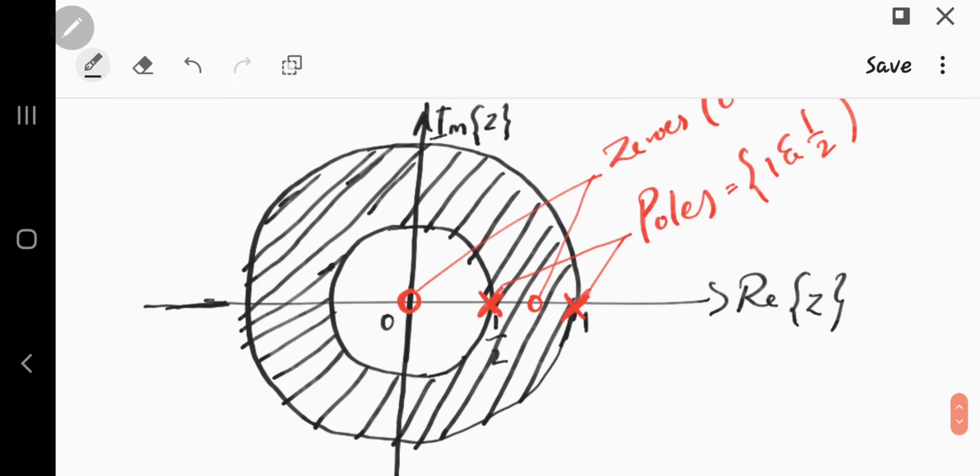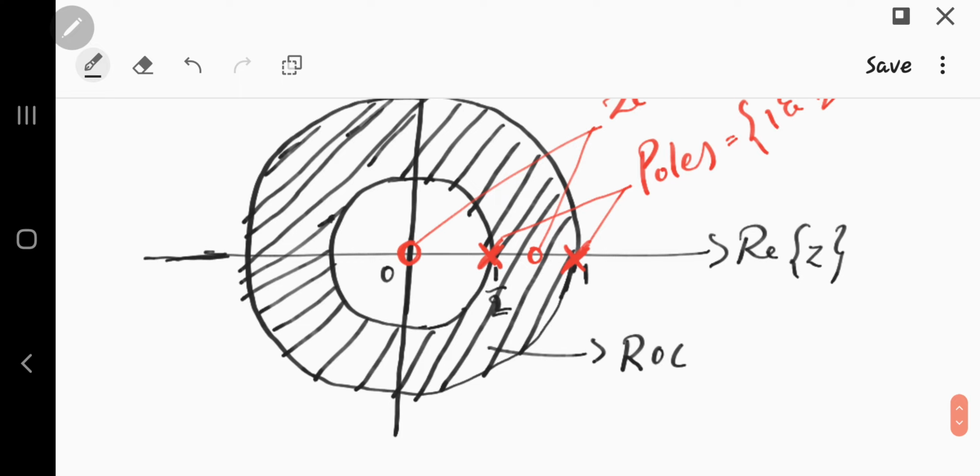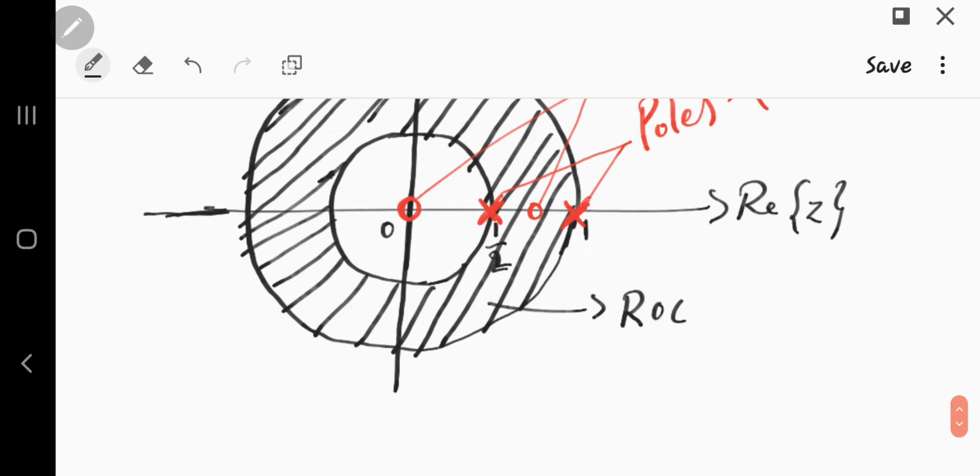Now this is the z plane we are going to get, and this region is our ROC, the region of convergence. So where both positive and negative time sequences are there, the ROC is present in a concentric region.